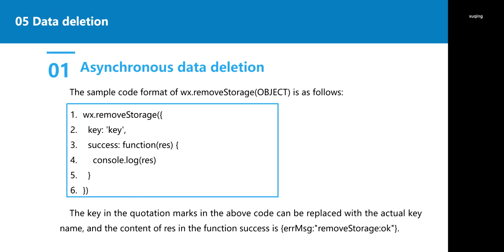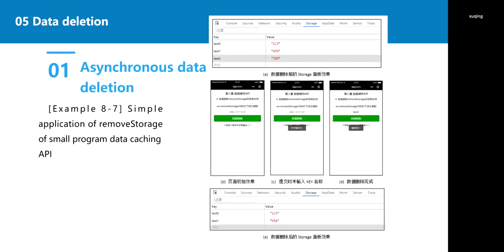Usually when we write it, we replace it by a variable, not the name directly. And the content of the rest here in the function success is like this. Here we have a sample application of removeStorage of the small program data caching API. Okay, we'll try it.